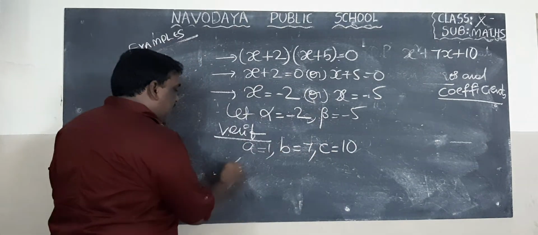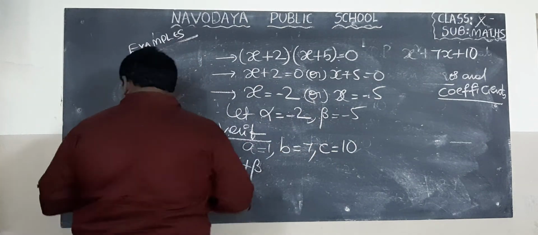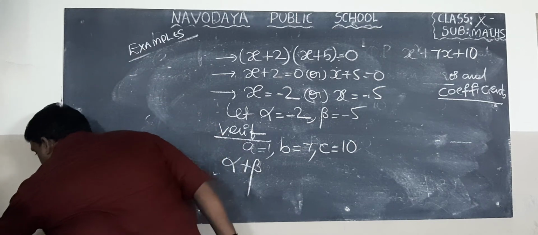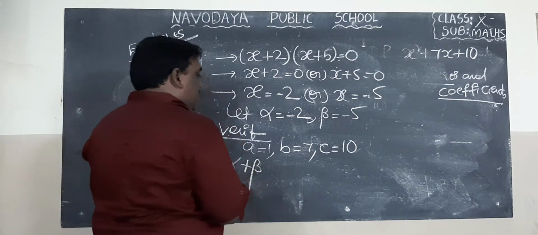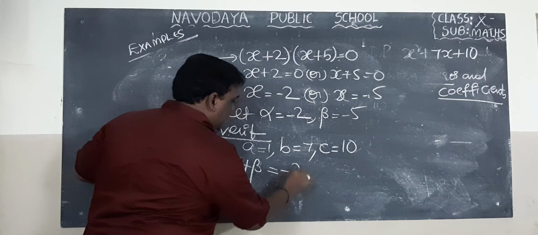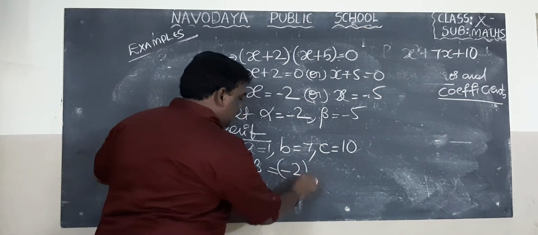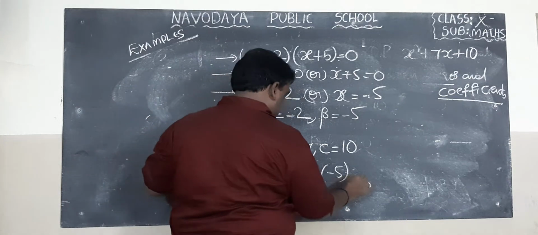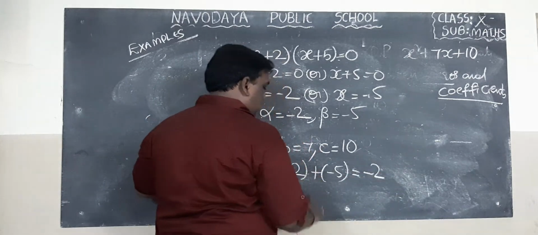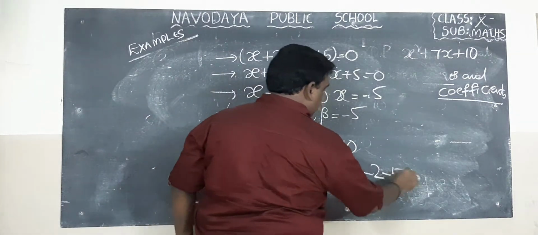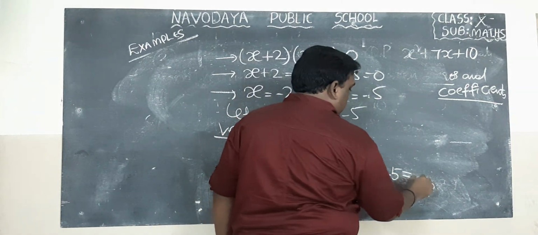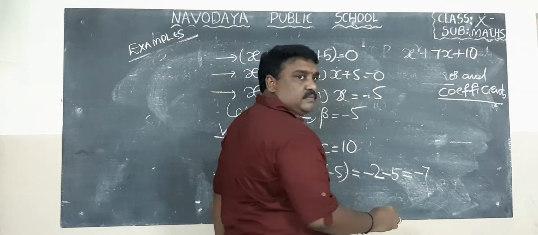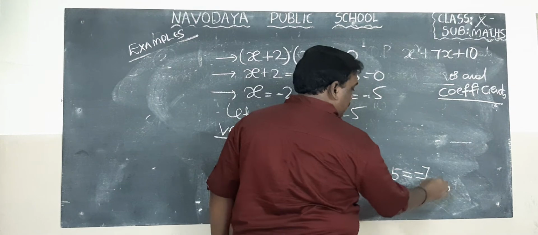Then alpha plus beta, add them. What is alpha? Minus 2, plus what is beta? Minus 5. Remove brackets: minus 2 minus 5. What we get? Minus 7 by 1.